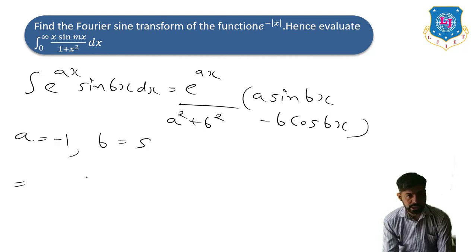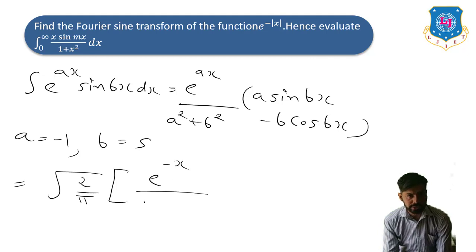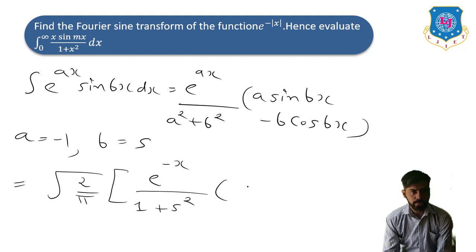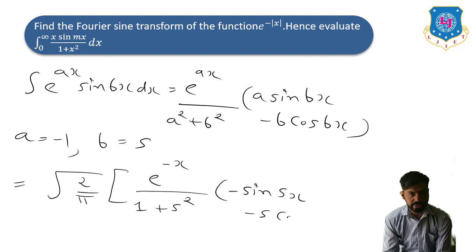Using this formula we will get square root of 2 by pi into e raised to minus x divided by 1 plus s square into minus sine sx minus s cos sx, and the limit will be from 0 to infinity.